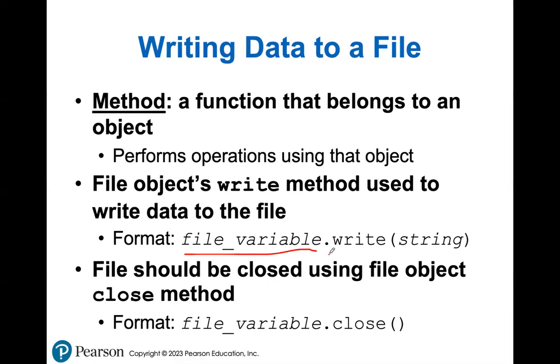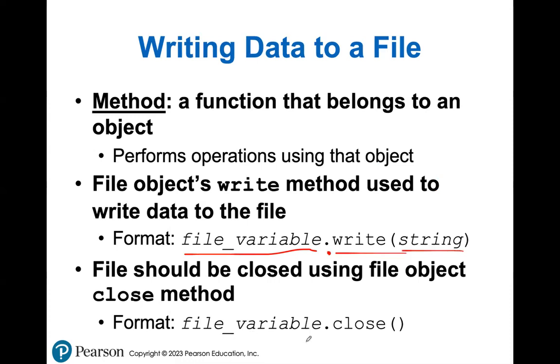And then you're just going to put dot write. That will specify that you want to write something to a file. And then inside of the parentheses, you can put a string, a sentence, a word, a text. Whatever you want to write to a file is going to be inside of the parentheses.